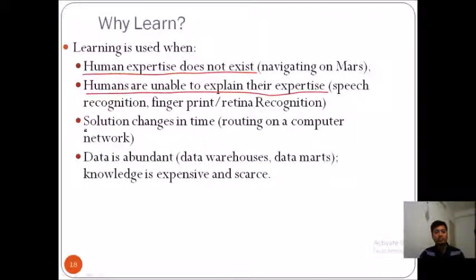Also where the solution changes over time, the machine is more efficient, like routing algorithms in computer networks. And where data is huge, manually it is not feasible to understand and explain the data, so machine learning applications can explain it.